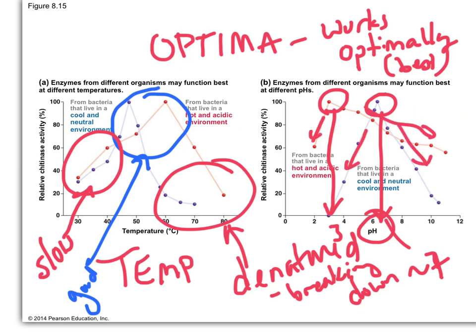So optima are very important for maintaining reactions going at their fastest rate. Obviously, if you're too cold, or if you have too low or too high a pH, or too hot, those reactions are not going to go as fast as if you're at the optimal temperature and the optimal pH.